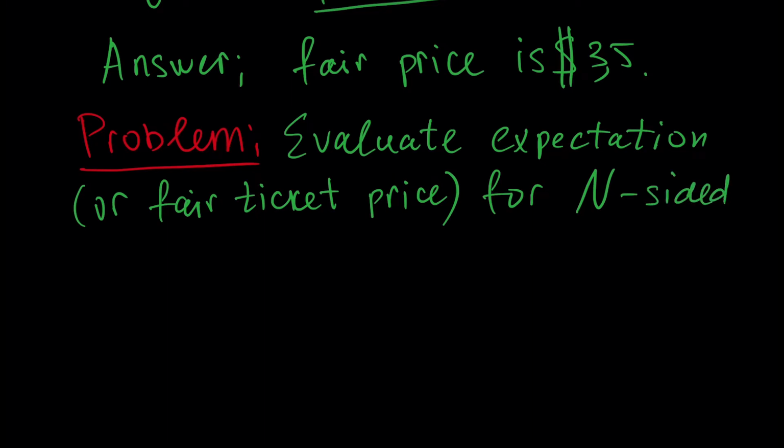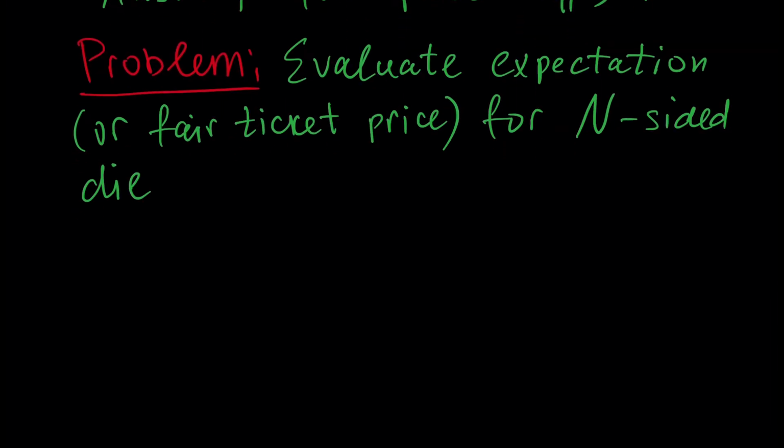So assume that our die has not 6 sides but n sides. We evaluate the expectation or fair ticket price for an n-sided die.